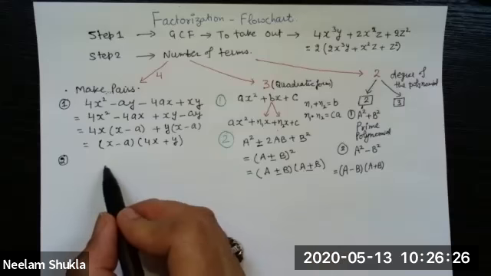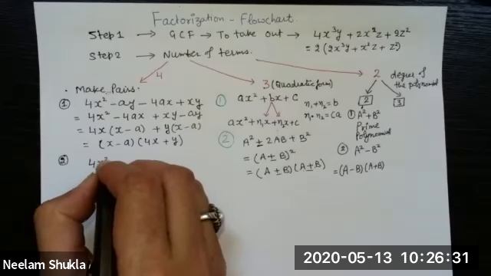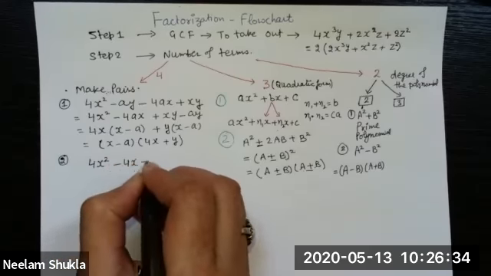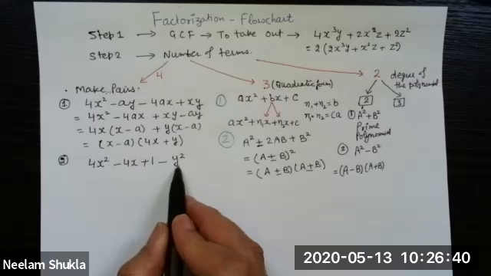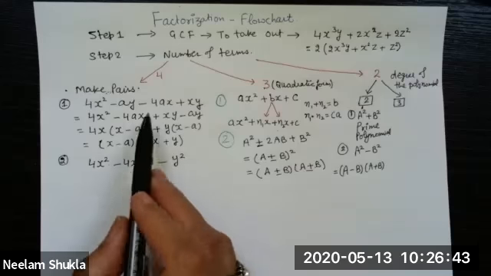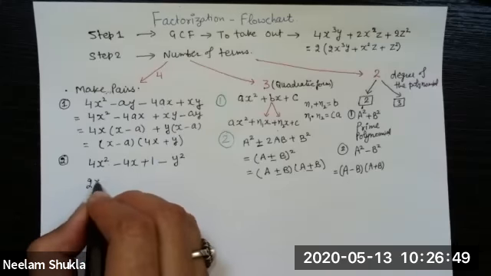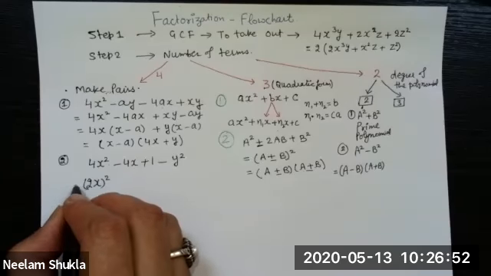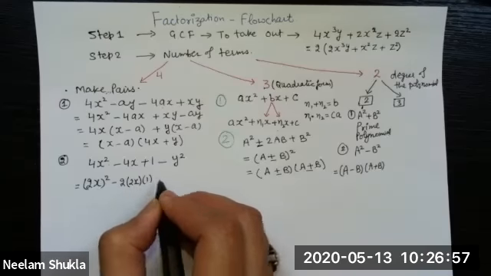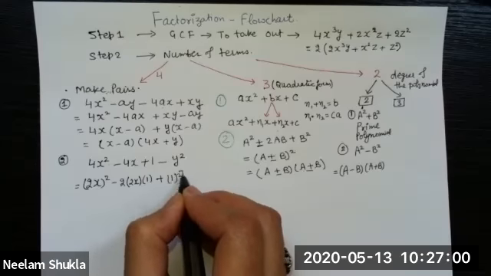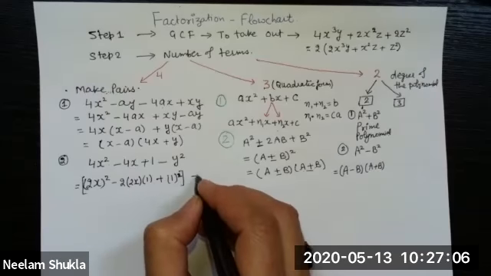Let's come back here to the first situation. I am showing you one example. In case I have 4x square negative 4x plus 1 negative y square, I have 4 terms, and it is not necessary that I have to make the pairs of 2 and 2. It is possible that I can pair 3 terms together, which is happening here, because the first 3 terms form a complete square formula.